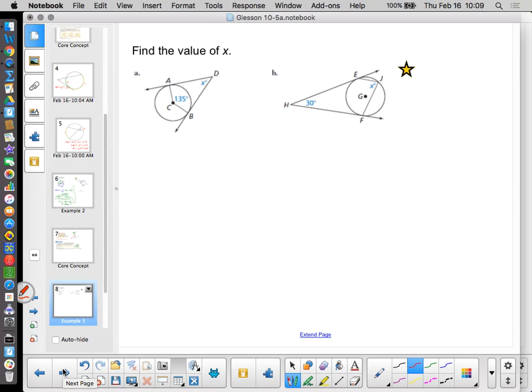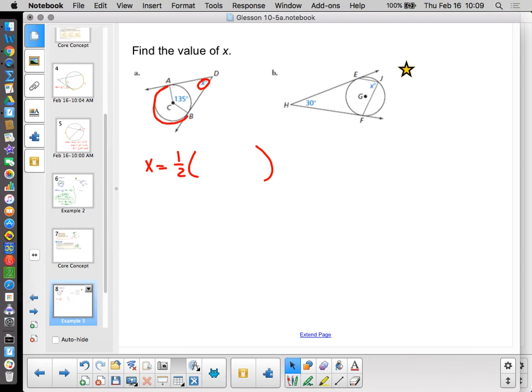So I look at this first situation, and I say, what information am I given? Well, I need to find the measure of this angle. The measure of that angle is going to be 1/2 the difference of arc 1 and arc 2, right? That's my formula. I'm going to subtract, half the difference.